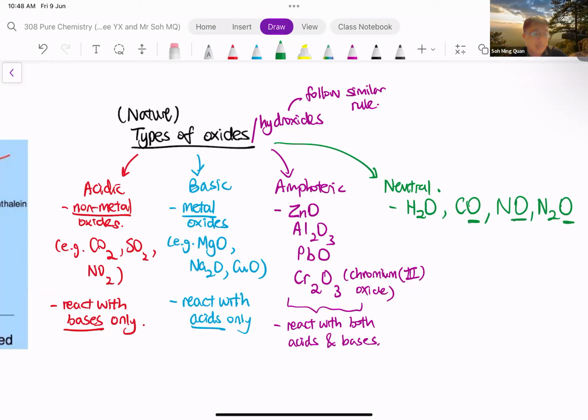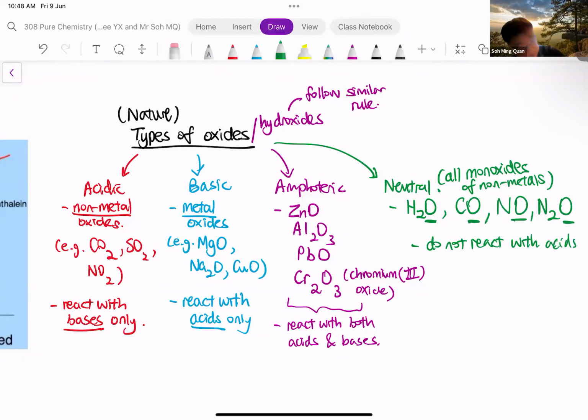You notice that they are all monoxides. Okay, they only contain one oxygen. Okay, and they are all monoxides of non-metals. Okay, so because they are neutral, they do not react with acids or bases.